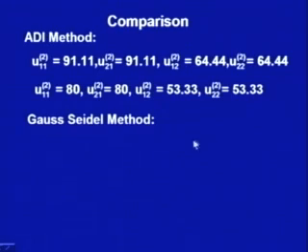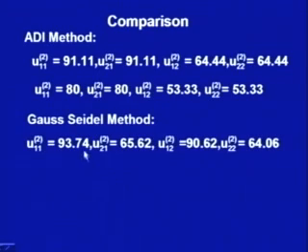In the Gauss-Seidel method in the last lecture, we got the solutions U11 as 93.74, U21 as 65.62, U12 as 90.62 and U22 as 64.06.